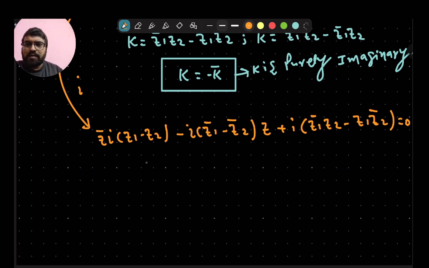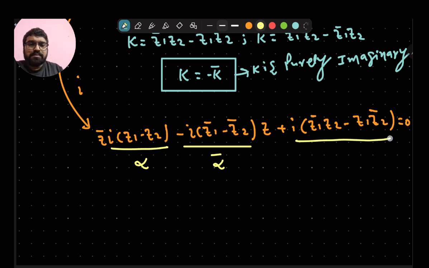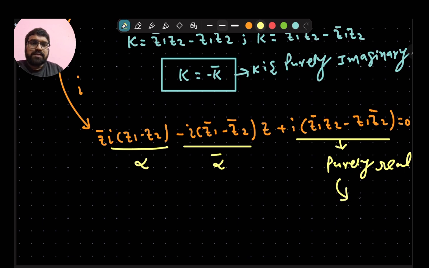So definitely now I can say, let's suppose I am saying this as alpha, so this expression is nothing but alpha bar, that is the conjugate of alpha, and this is purely real now. If this is purely real, that simply means I'm replacing the given expression with the r.